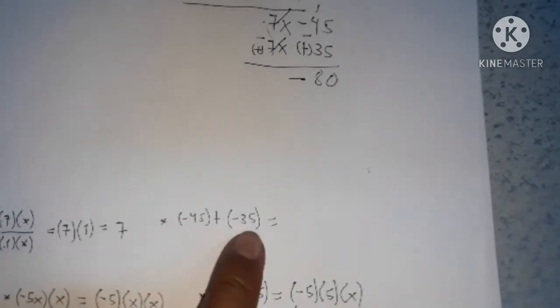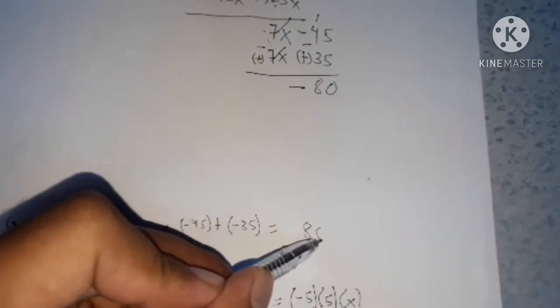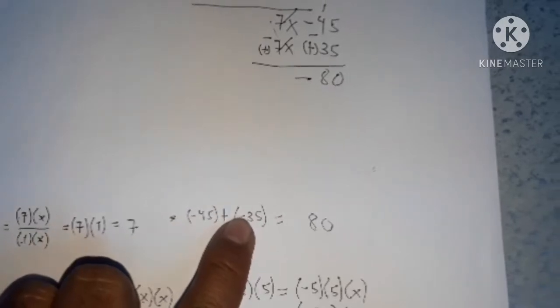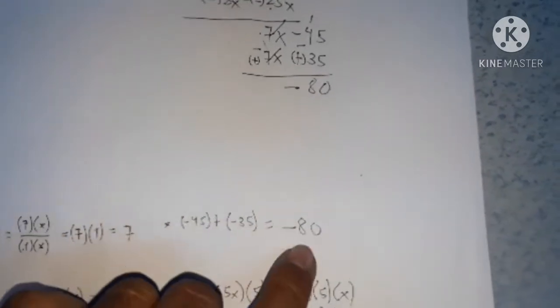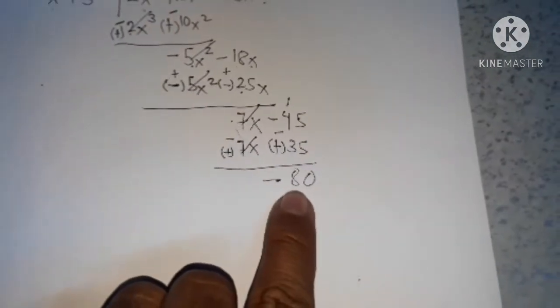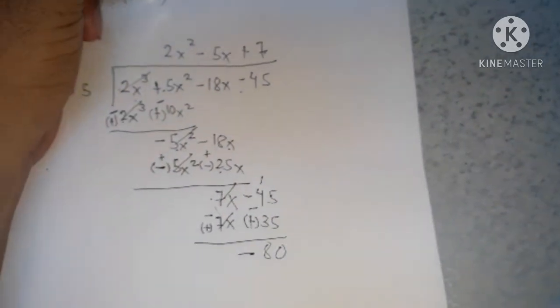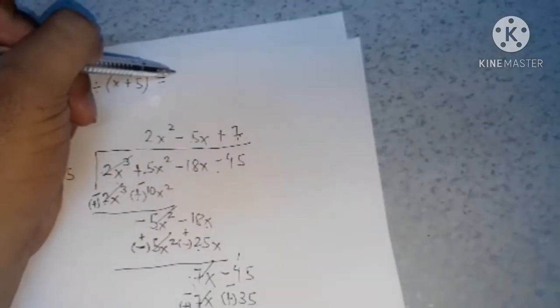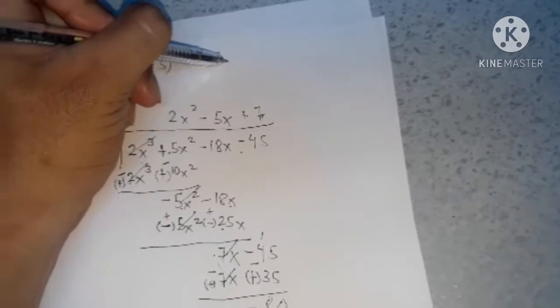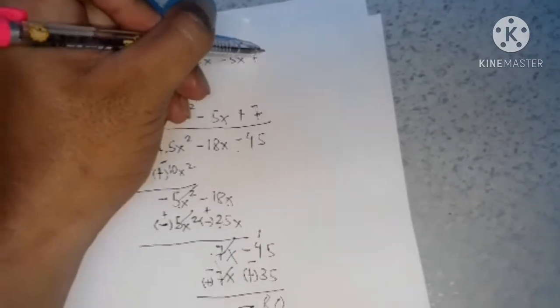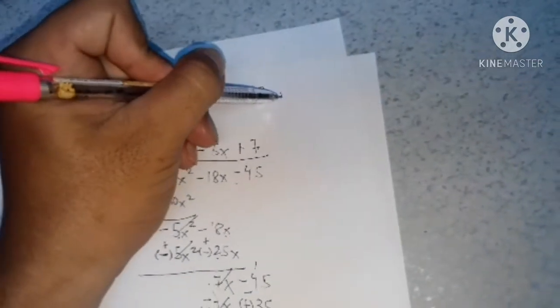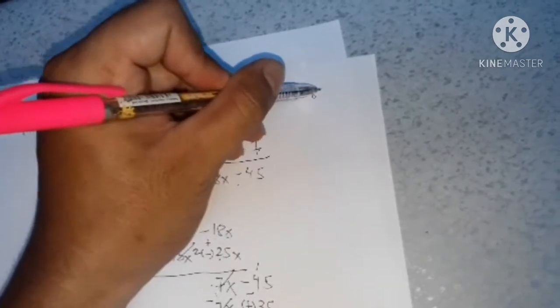You have 45 plus 35 is 80, and then copy the common sign, which is negative. So, you have negative 80. Ayun. Yung quotient daw is 2x squared minus 5x plus 7. And then, remainder, negative 80.